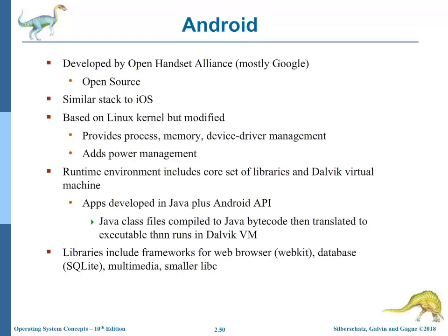Google has developed a separate Android API for Java development. Java applications are compiled into a form that can execute on the Android Runtime, ART, a virtual machine designed for Android and optimized for mobile devices with limited memory and CPU processing capability.